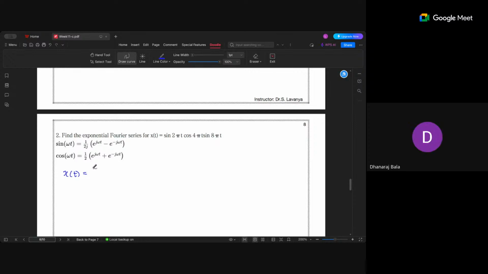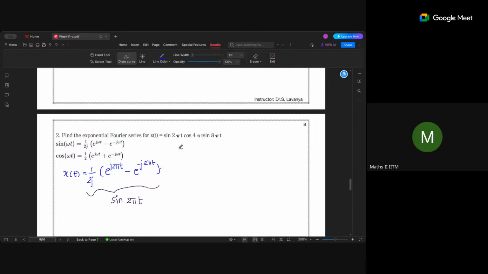Sine 2 pi t is 1 by 2j, e power j 2 pi t minus e power minus j 2 pi t, right? This is the expression for sine 2 pi t. Now you have to do the same for the next term.